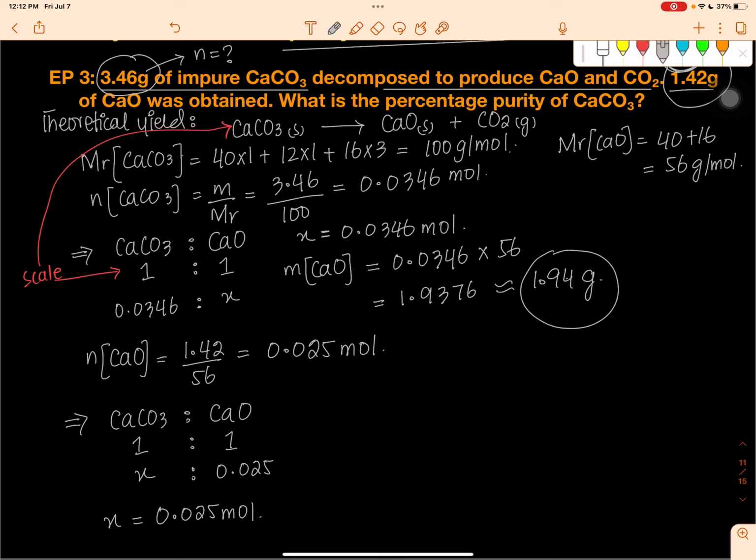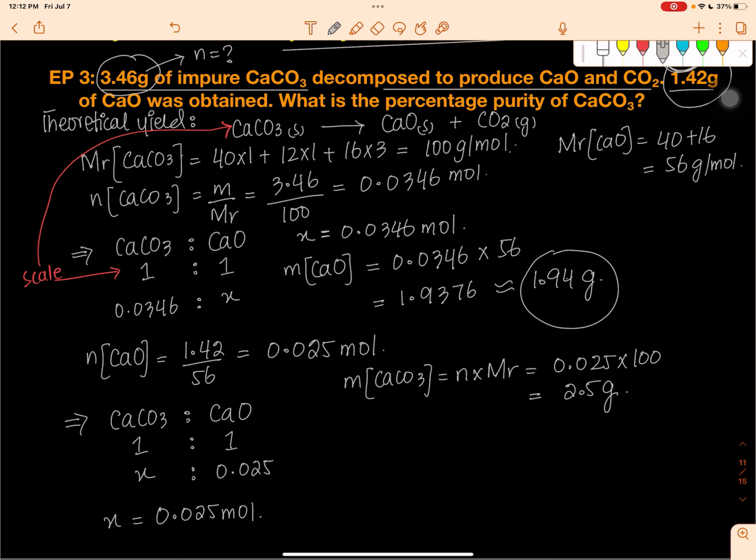In order to find out the mass of calcium carbonate that was there, this is equal to number of moles times Mr. This is equal to 0.025 times 100, which is actually 2.5 grams.